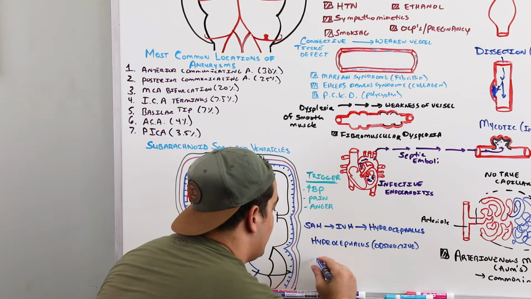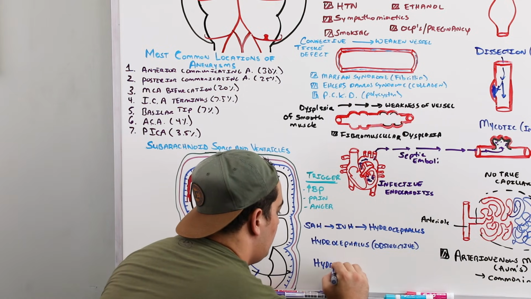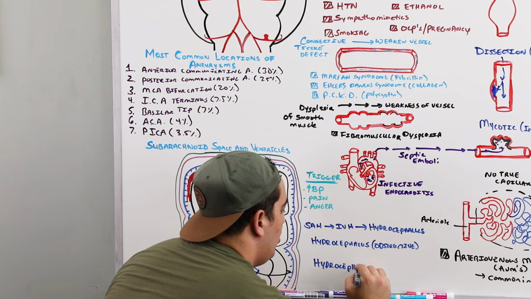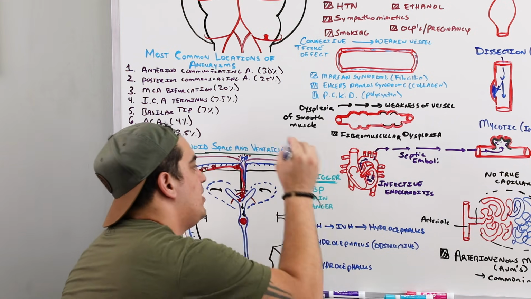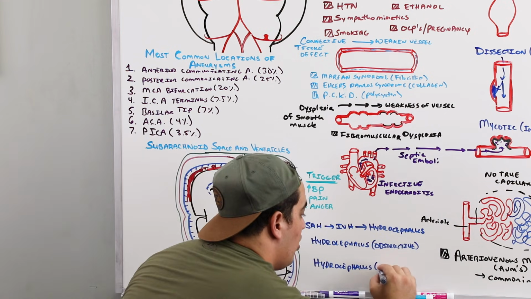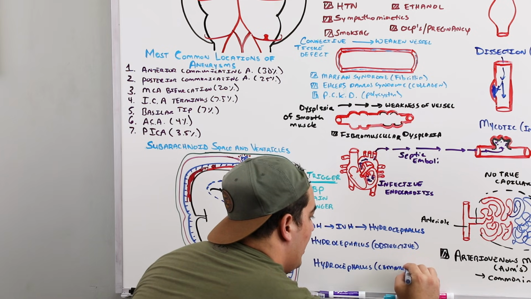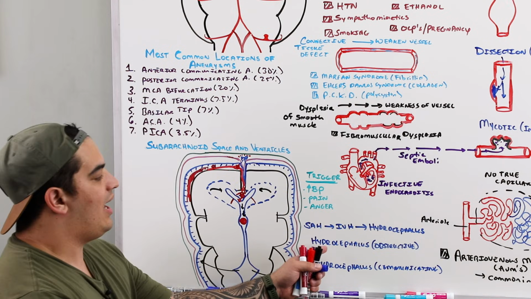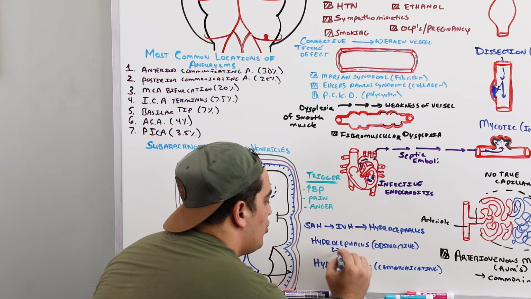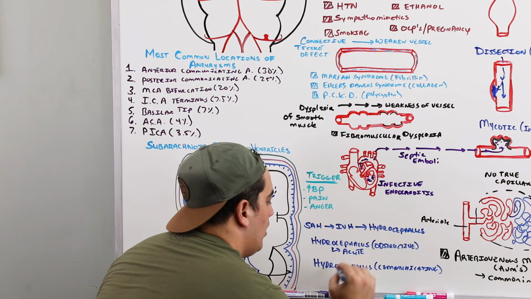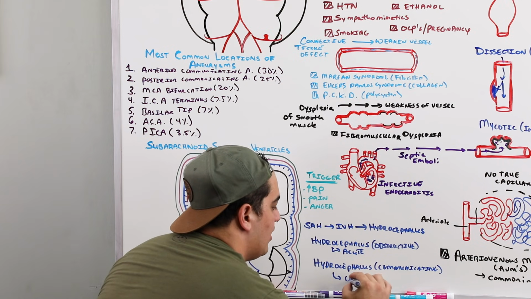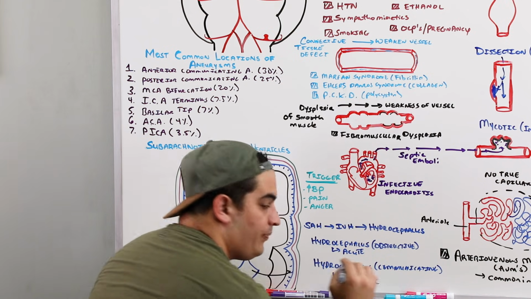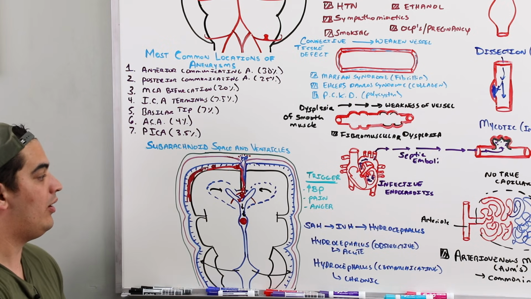So it's a hydrocephalus, but it's a problem with the communication between the subarachnoid space and the dural sinuses. So we call that a communicating hydrocephalus. The reason why this is important is that the obstructive one is usually more acute. The communicating is a little bit more chronic. Okay, important thing to remember.